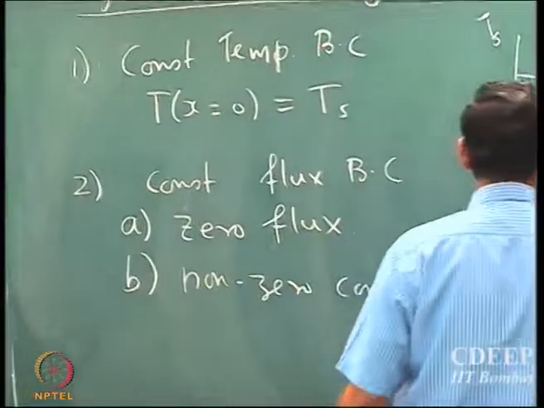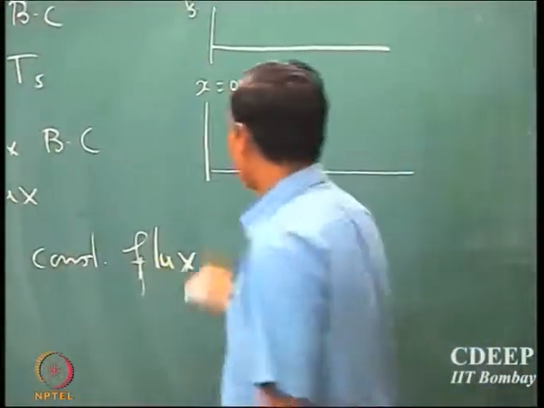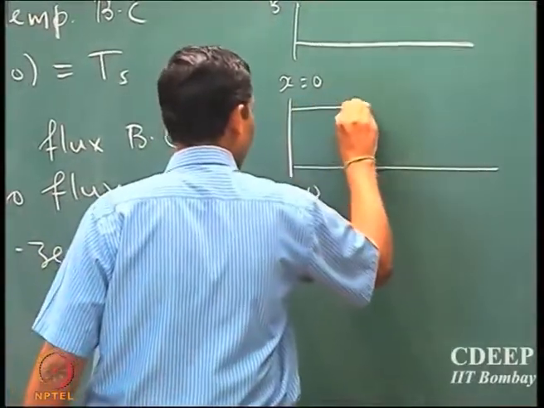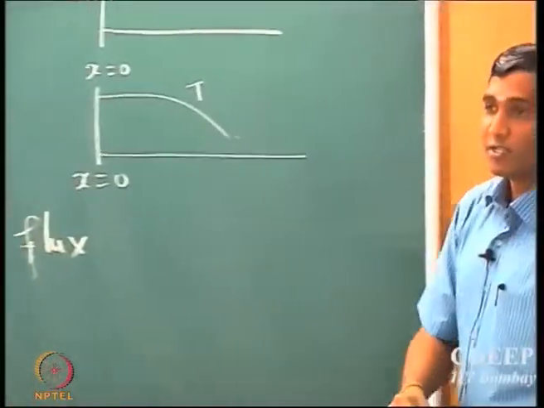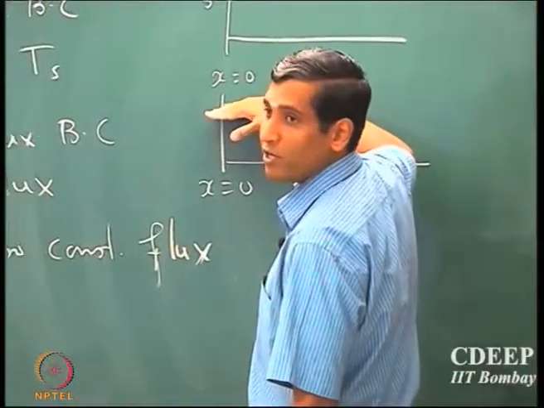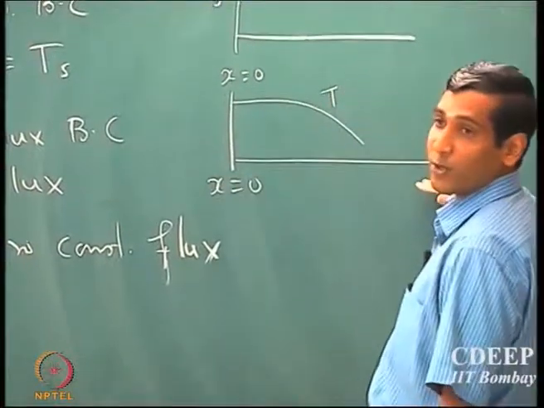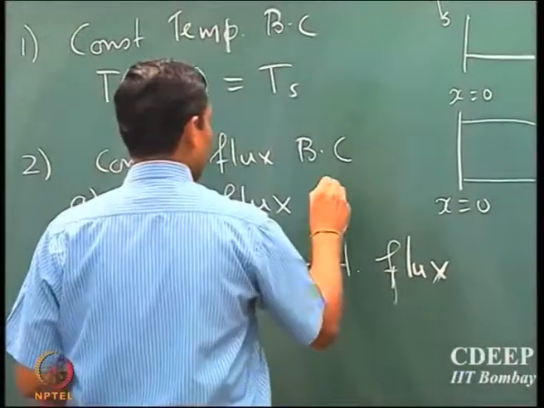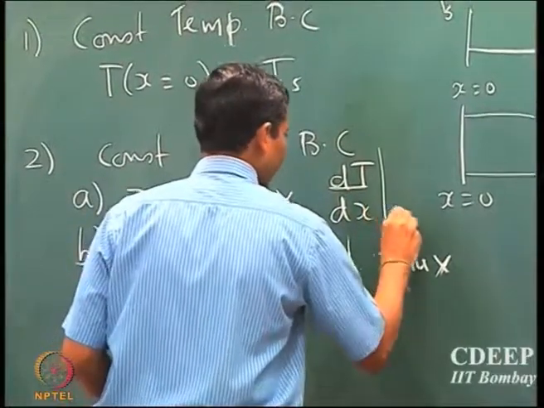Okay. So, the way to look at it is, supposing you have zero flux at x equal to 0, then you would expect that if I look at the temperature profile inside near x equal to 0, because the flux is 0 at that location, the temperature is going to be flat, parallel to the x axis.